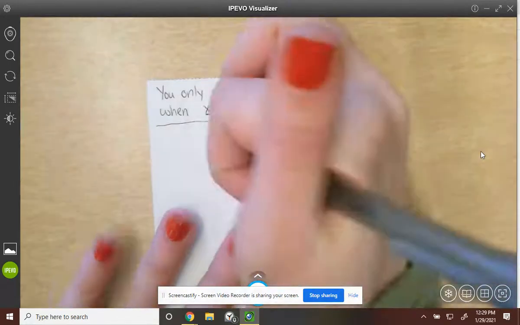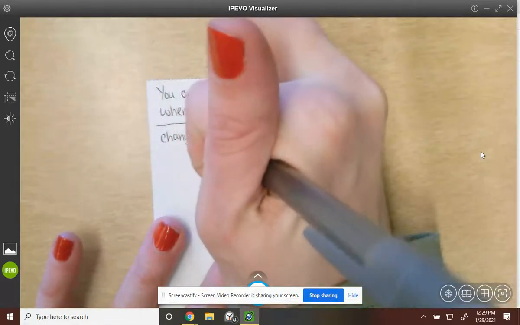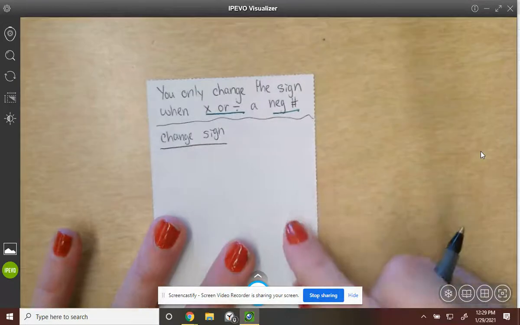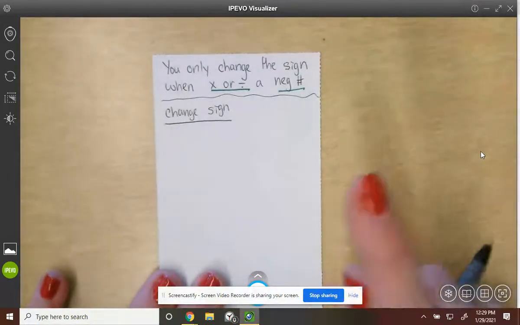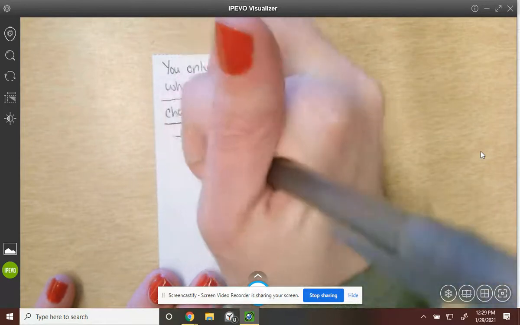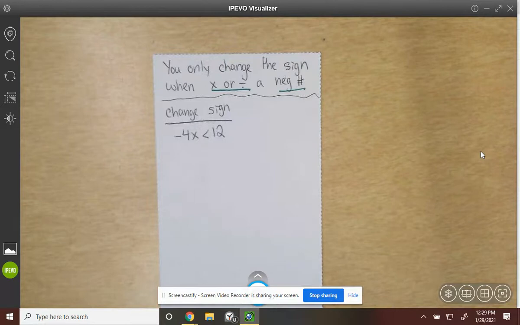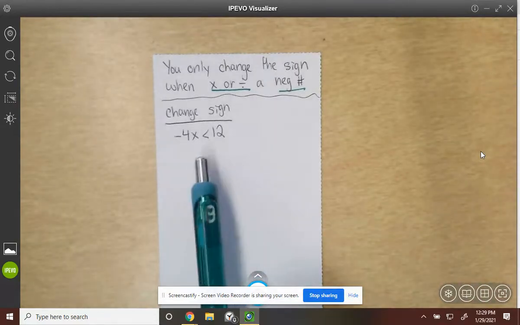Okay, so let's do an example of when we do change the sign. So we would change the sign on this one. Negative 4x is less than 12. What do I do to solve this one?